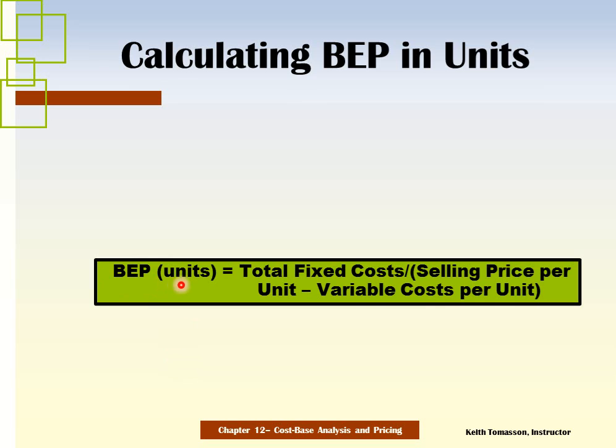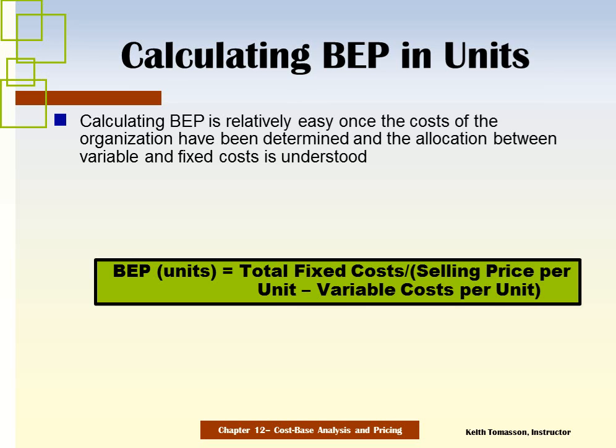So the break-even point in terms of the number of units of sales equals our total fixed costs divided by the selling price per unit less the variable cost per unit. Sometimes the selling price per unit less the variable cost per unit is something that's known as unit contribution. So in essence, the break-even point in terms of the number of units is the total fixed cost divided by the unit contribution.